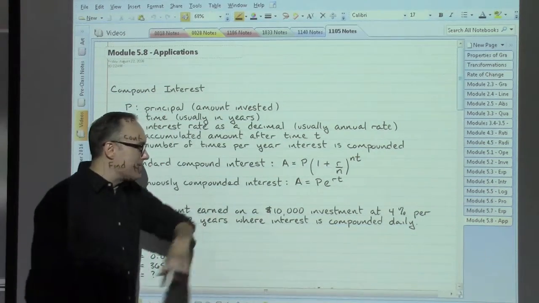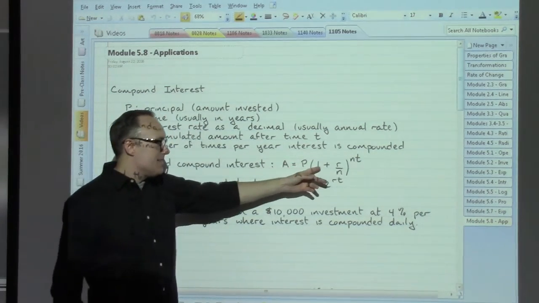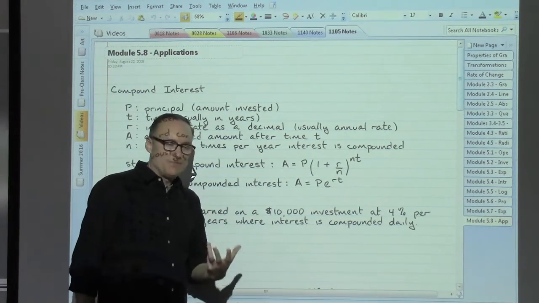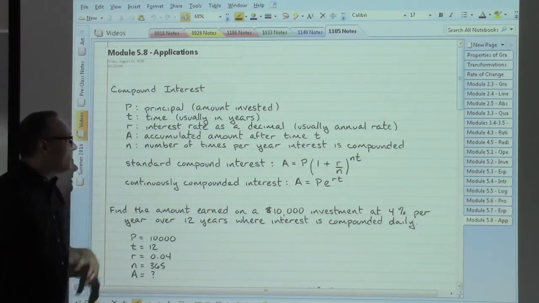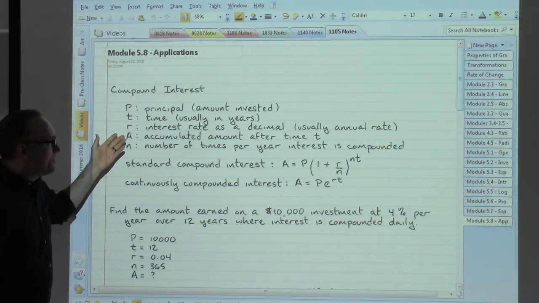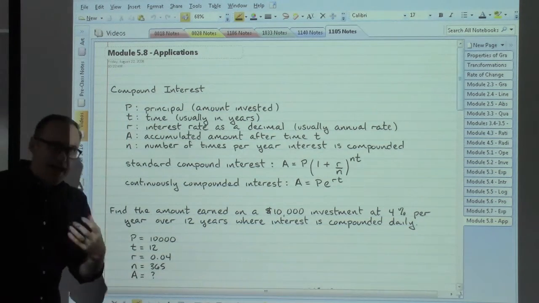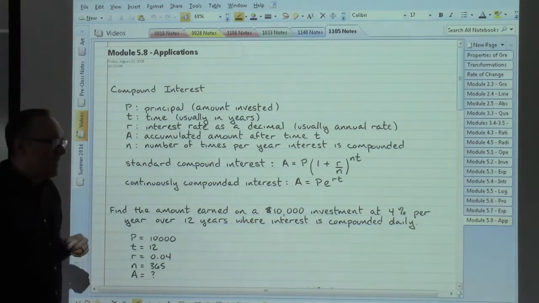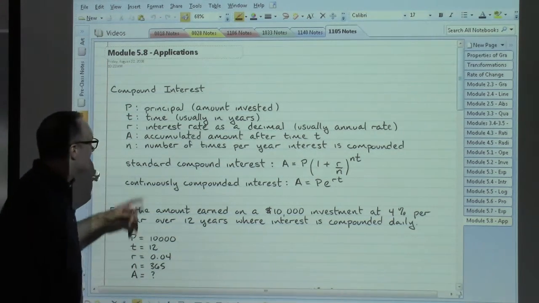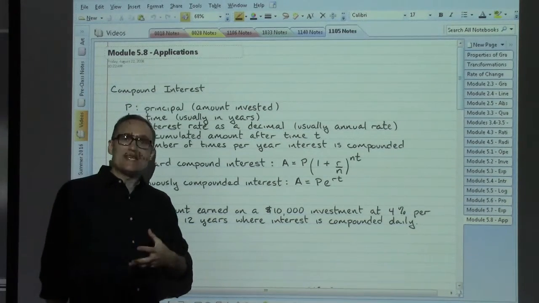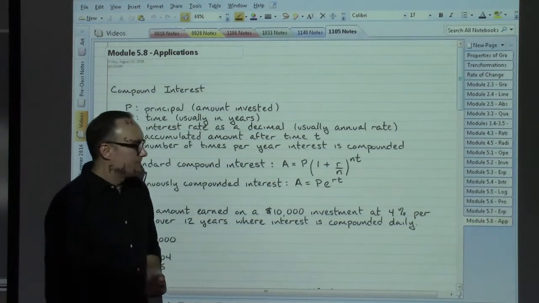And that formula has these different letters: A for the accumulated amount, P for the principal, the original amount, R for the interest rate, used as a decimal, time, T, and N, the number of times that we get the interest.